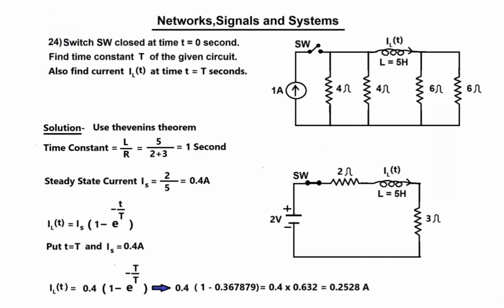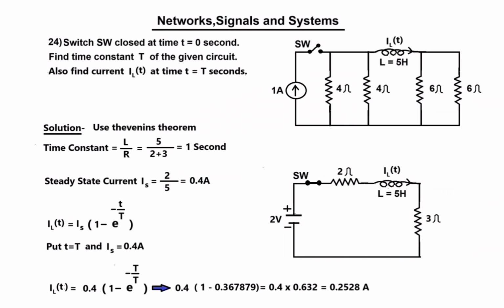Now current i_L(t) at time t equal to τ, the time constant. Input here I_s equal to 0.4 ampere in the formula. i_L(t) equal to I_s times (1 minus e raised to power minus t upon time constant τ).